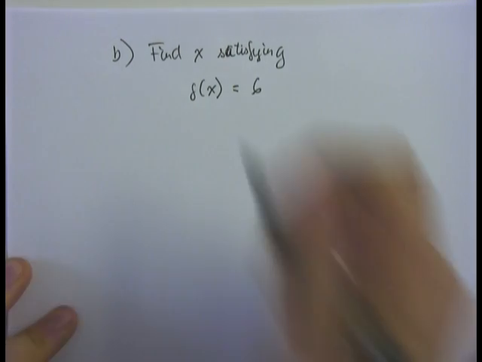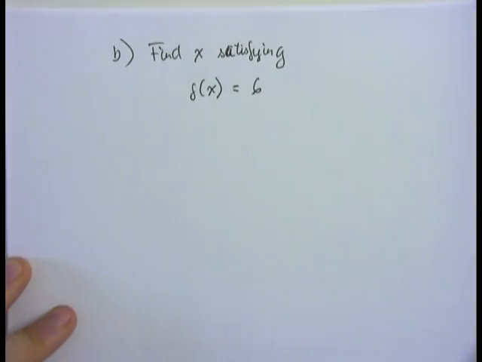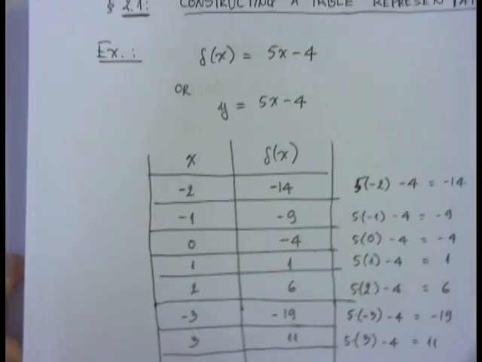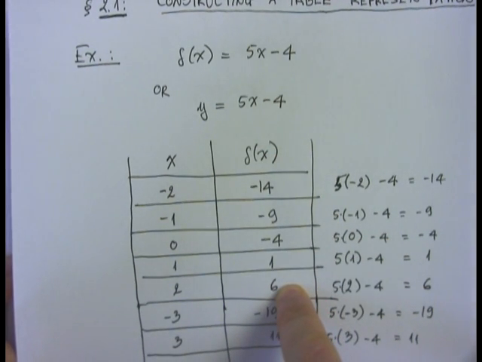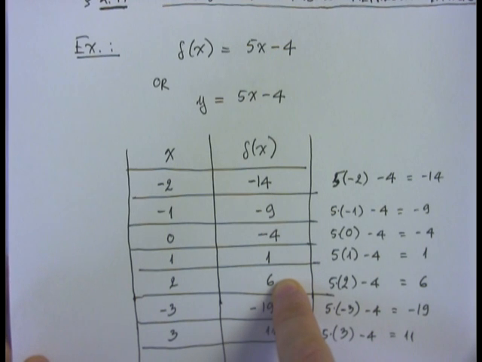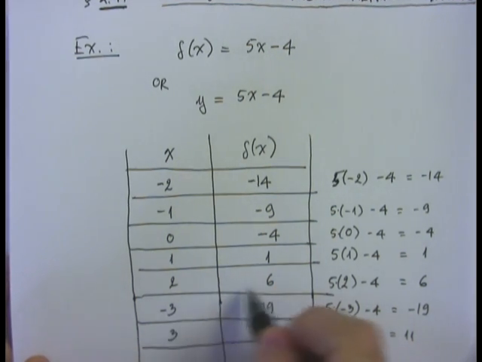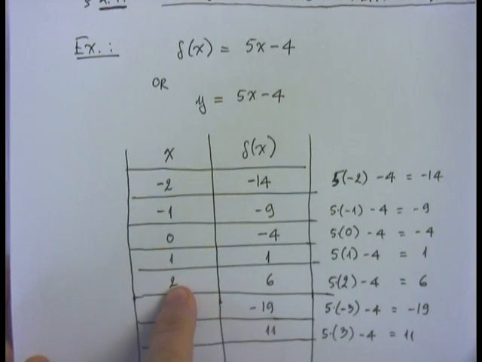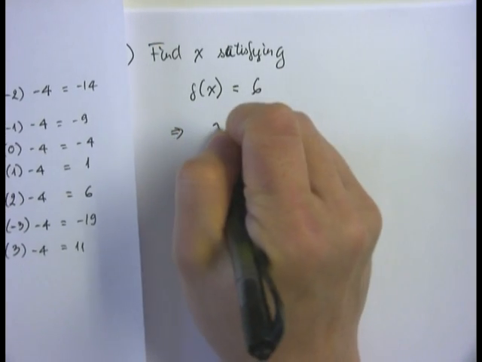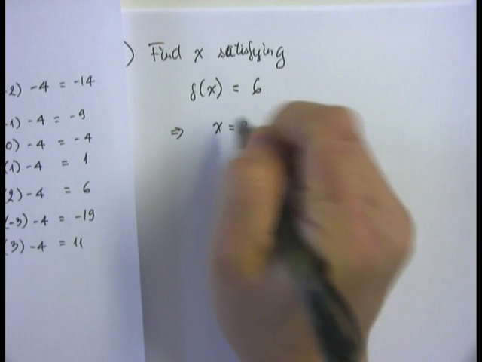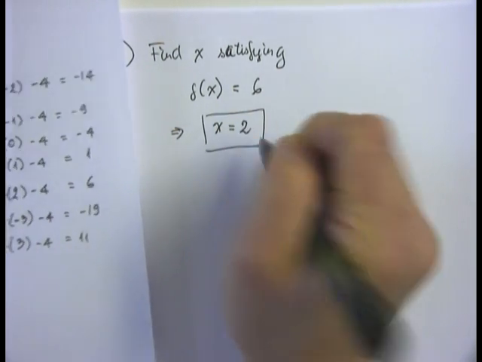Okay, so now here once again you can just simply rely on the table. Right here on the table, where do I see 6? 6 is right here on the f of x side. So the corresponding value for x would be 2. So now my answer here is x equals 2.